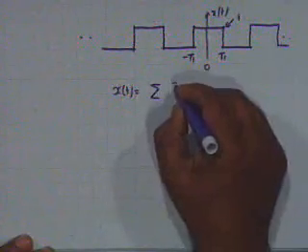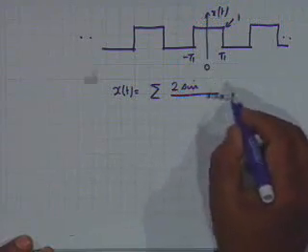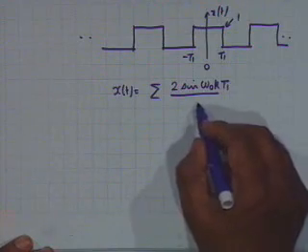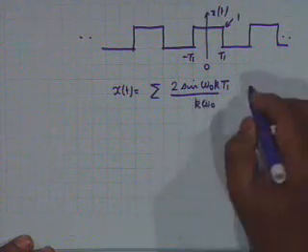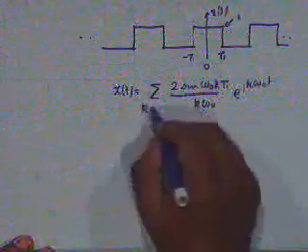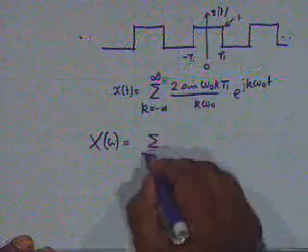Twice sine of k omega 0 T1 divided by k omega 0, times e to the j k omega 0 t. This is the Fourier series, and therefore its Fourier transform shall be simply the summation over k from minus infinity to infinity. a_k shall remain the same. I'll have to multiply by 2 pi.